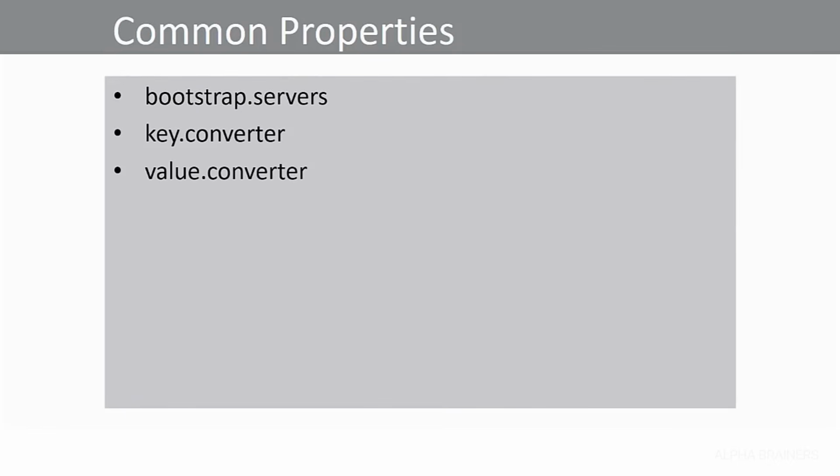Some of the common properties that you're going to use, whether or not you're using a standalone system or a distributed system, are going to include the bootstrap servers, the key converter, and the value converter as well. Those are things that are common whether you're creating a Kafka producer, Kafka consumer, or in this case, a Kafka Connect server as well.